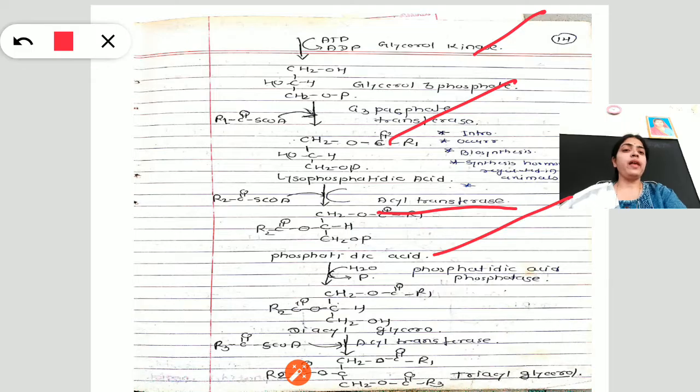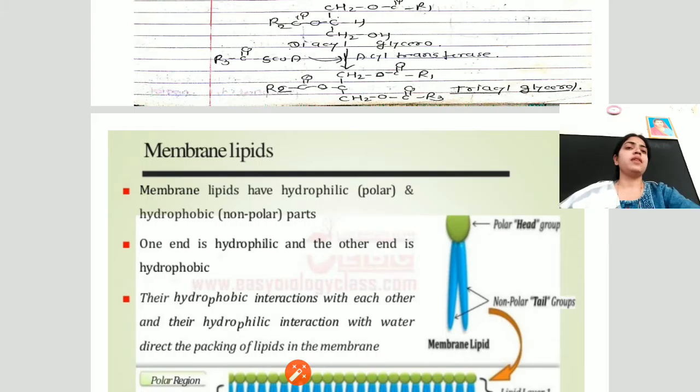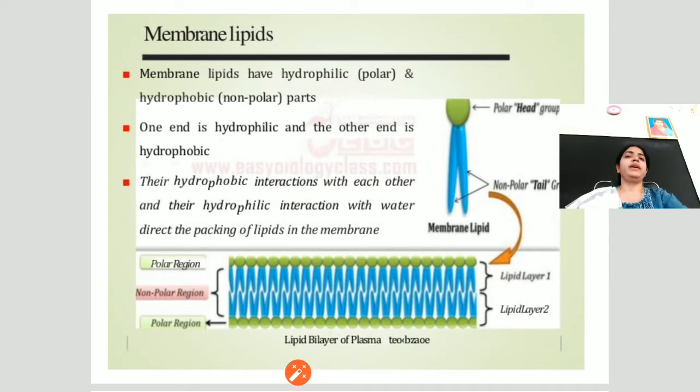This phosphatidic acid is again converted into diacylglycerol in the presence of the enzyme phosphatidic acid phosphatase. This diacylglycerol is converted into triacylglycerol in the presence of the enzyme acyl transferase. In this way, triglyceride is produced and stored in the seeds and other parts of the plant.